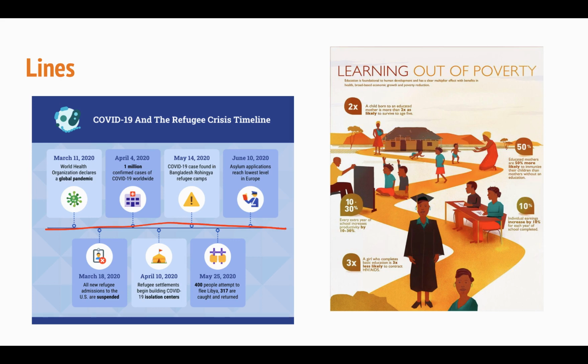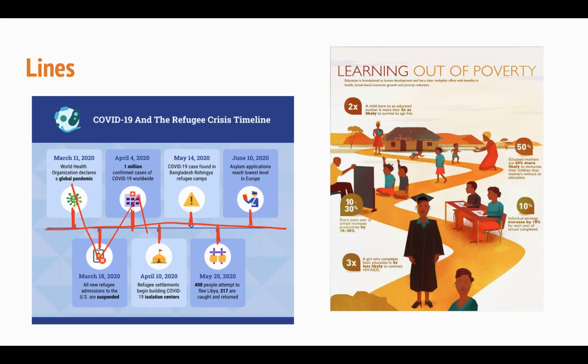We naturally start to the left of most things because we read left to right. So we're starting with March 11th, 2020, and that's exactly where the author of the infographic wants us to start. We move gradually to the right, reading these events, and we can tell that we're going the right way because of the dates, but also the placements on the line. It's a subtle effect that we don't even really think about, but the creator of the infographic did.